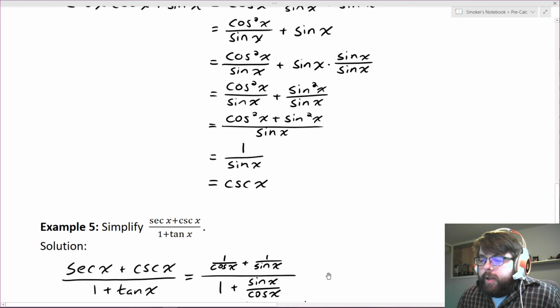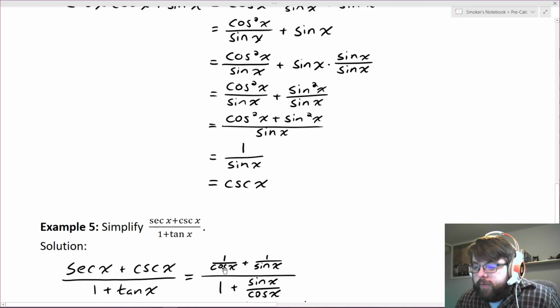Now I'm going to try to combine the numerator by finding a common denominator from 1 over cosine and 1 over sine. I can find a common denominator by multiplying each fraction by the other fraction's denominator. So 1 over cosine, I can multiply by sine over sine, and 1 over sine I can multiply by cosine over cosine.